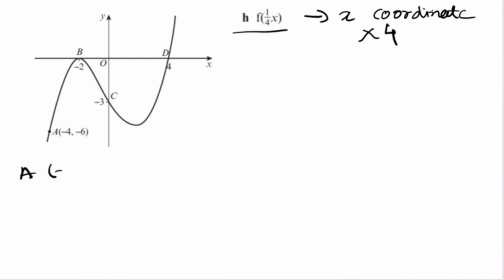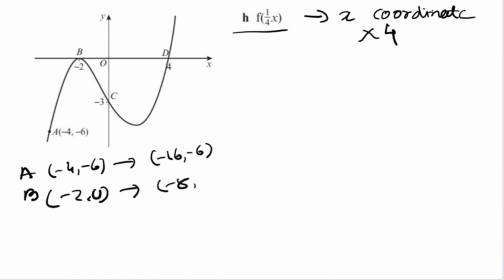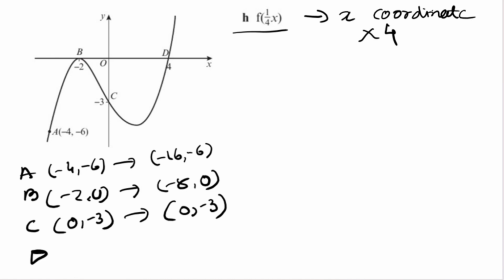Point A, we have minus 4, minus 6, which will become minus 16, minus 6. B coordinate minus 2, 0 will become minus 8, 0. C coordinate 0, minus 3 will not change because the x coordinate is 0, and D coordinate, which is 4, 0, will become 16, 0. Right?